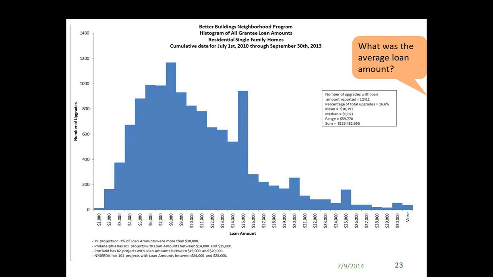We also have, at the very far end, included all the information. We didn't trim the tails or try to remove outliers, which would be appropriate, but in this case I decided to just leave them in. So we do have a number of projects over 30,000 as far as a loan amount, up to a total of 59.